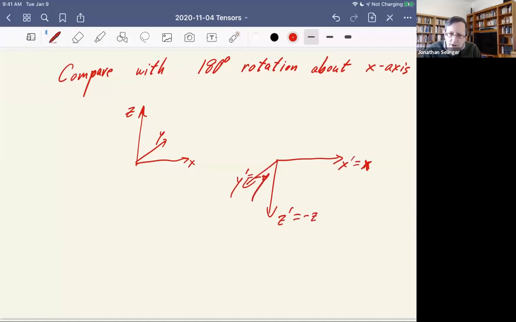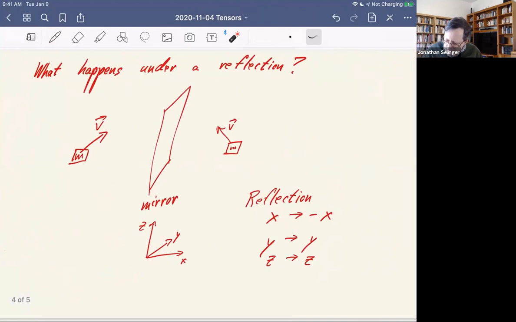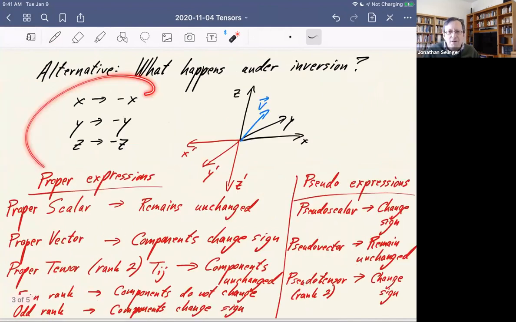Okay. So under the rotation, we have X goes to X, Y goes to negative Y, and Z goes to negative Z. So you could say that this rotation combined with this reflection equals the inversion, right?